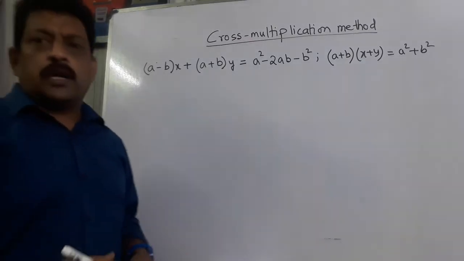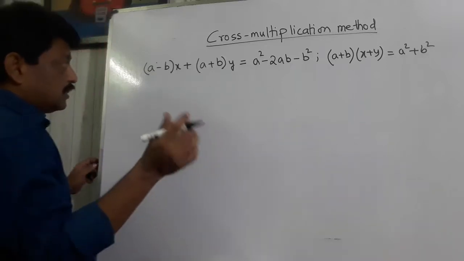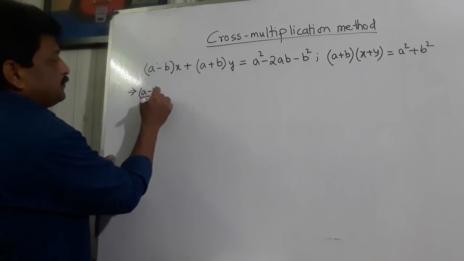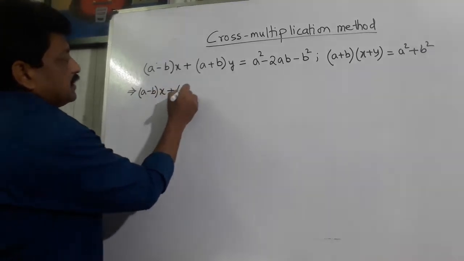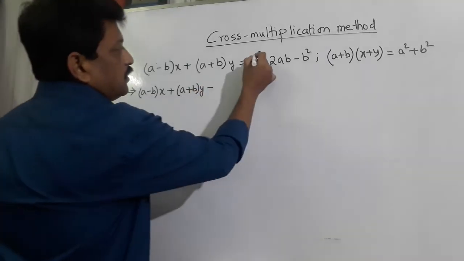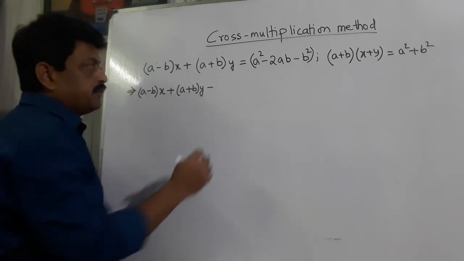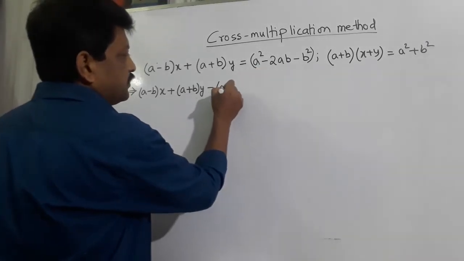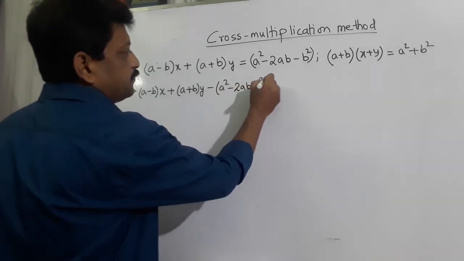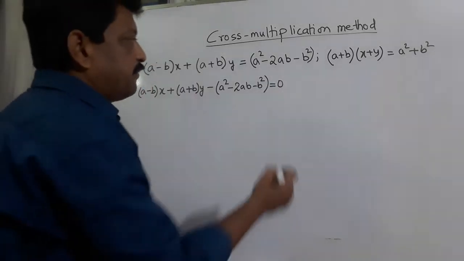First of all, as you all know, we have to write down the equation in the standard form or the general form. So it is (a minus b)x plus (a plus b)y, and this whole thing will move to the left hand side with a bracket. So this will be minus of (a square minus 2ab plus b square), and the right hand side will be 0 according to the general form.